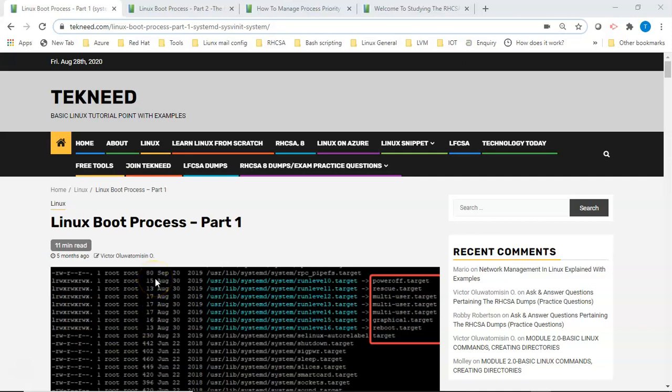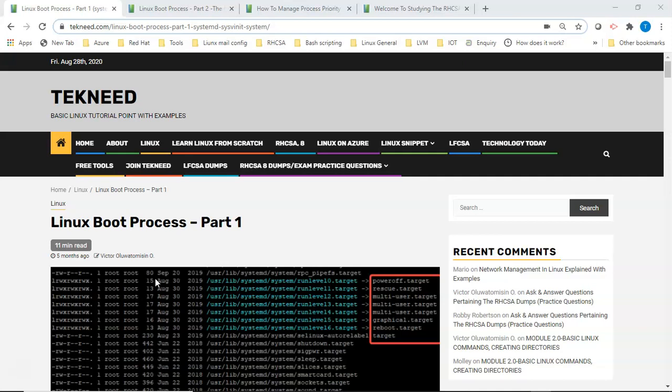Now that we know what systemd and SysV init are, let's understand what run level and run target are. As I mentioned in boot process step 12, the default run target will start after systemd has been initiated. So what is this run target? A run target is the system mode that controls the operations of the system in accordance with the services that are available in the mode. Don't stress yourself too much, you will understand better as we go on.